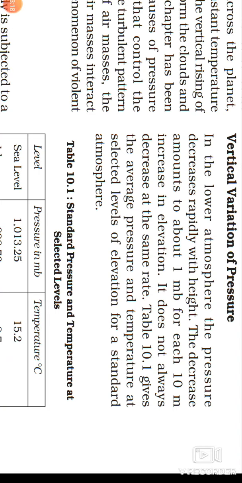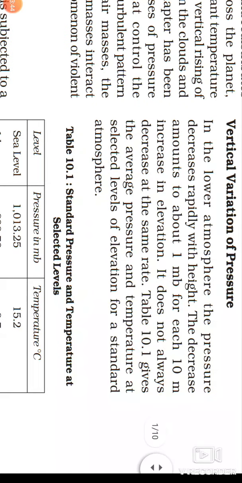As we move up, the atmospheric pressure decreases with height, and this causes a decrease in the temperature. So as we move up, the air pressure decreases, which causes a decrease in the temperature.